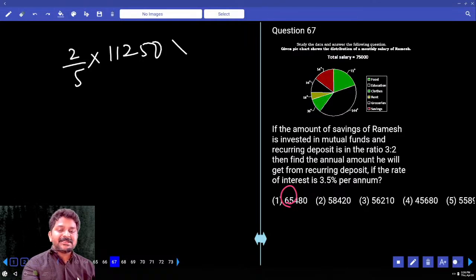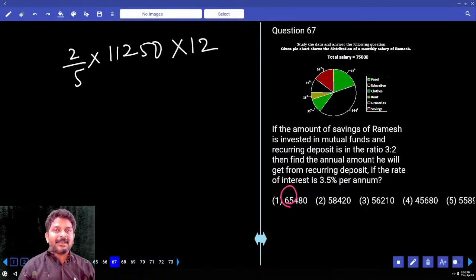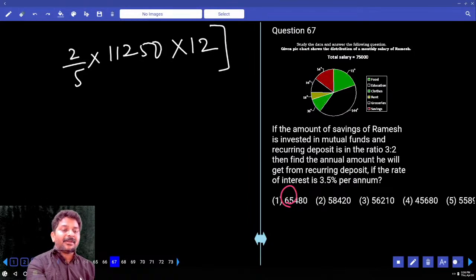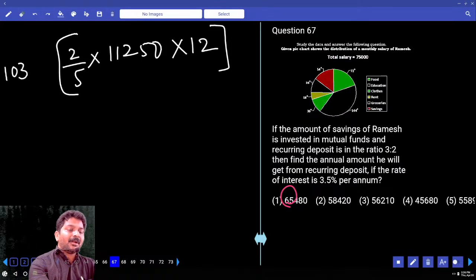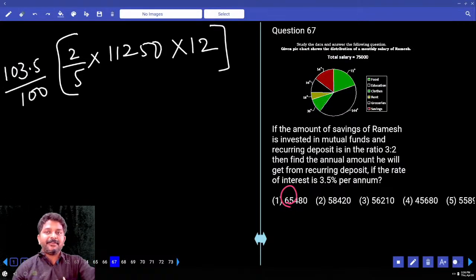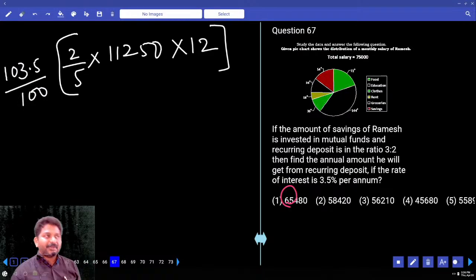Per year in the sense this must be multiplied by 12 only. This is our total money invested in recurring deposit. With an interest of 3.5%, we will get 103.5%. I'll write it as 103.5 by 100. And this is what you need to calculate. Then you'll get your answer. Followed? Instead of this, I am just verifying the 9 multiplication. Yes?